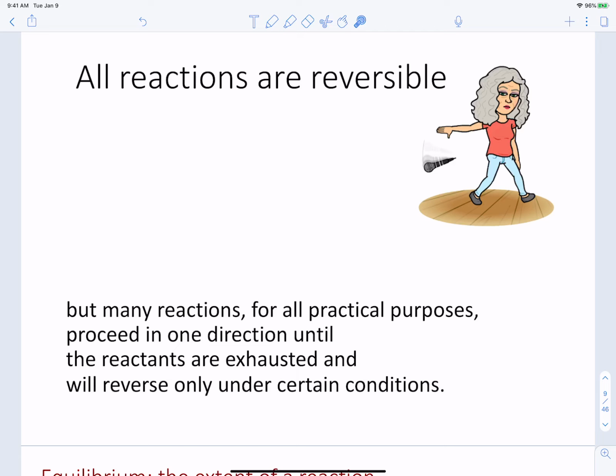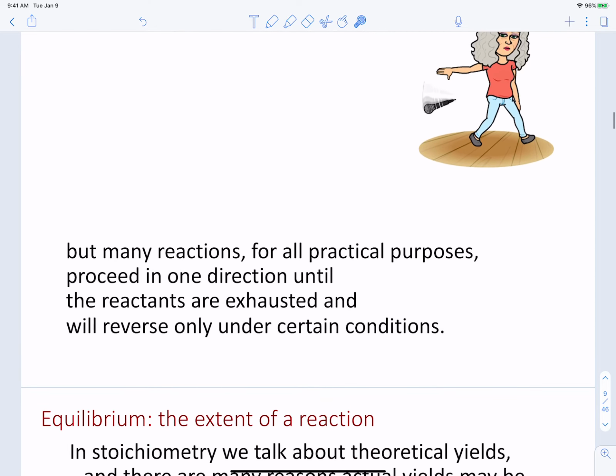The ice is going to melt, it's going to produce liquid water, and when there's no ice left, that equilibrium is not going to be set up, it's not going to carry on, you're just going to have a big pool of water. If you change the temperature, of course, it could reverse, and that's what this means, it will reverse under certain conditions. And so that's important to realize, that all reactions have the possibility of being reversible.